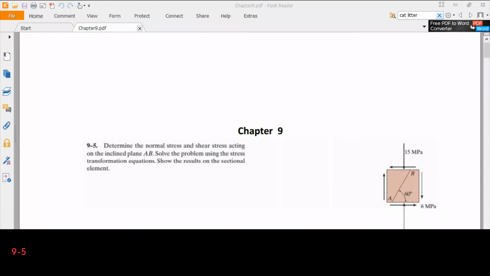Now certainly if you look at the problem, we will see that we are given some values. So sigma x is 0, sigma y is minus 15 megapascals, and tau xy is certainly minus 6 megapascals. So let's write it here.